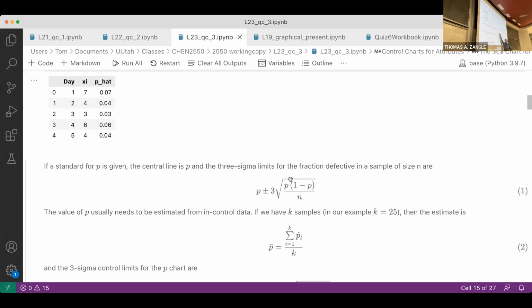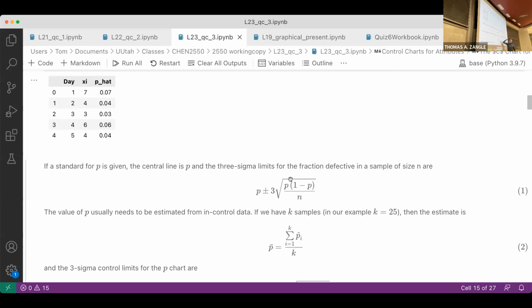That could be based on how this process has been run in the past, and we'd just use that historical data, just as we did for X bar and S charts. Or we could estimate P, and in this case we'll use P hat as the average of all of our estimates of the proportion defective.